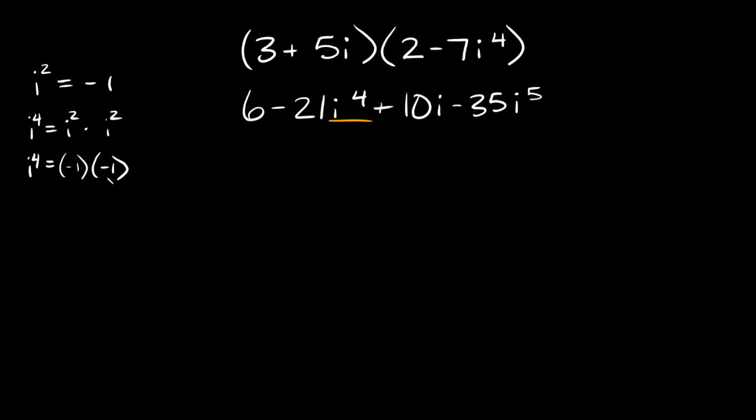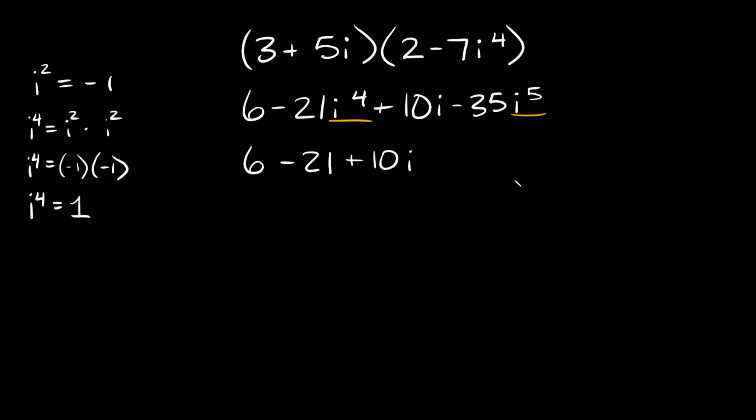And what is negative 1 times negative 1? That's positive 1, right? So that means i to the 4th is simply equal to positive 1. Okay, so then here we really have 21 times 1, which is just 21, right? So then here we can simplify this as 6 minus 21, right? And then here we have plus 10i. And then here, negative 35i to the 5th.